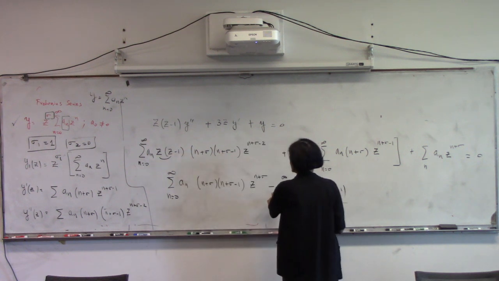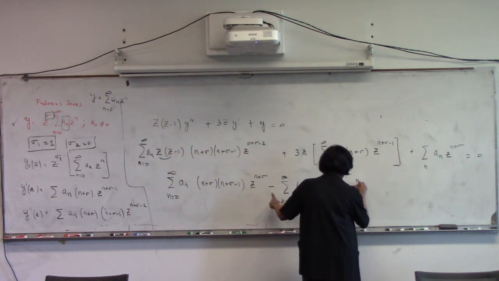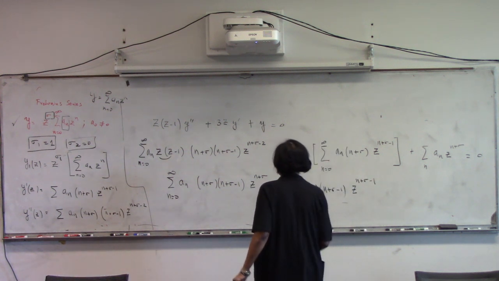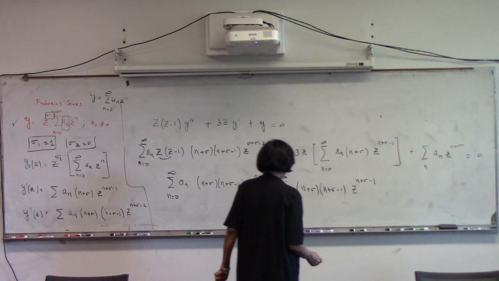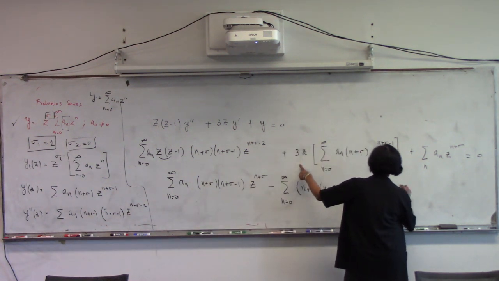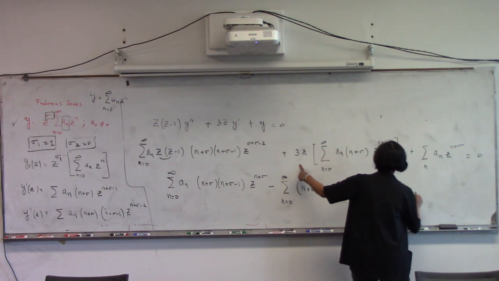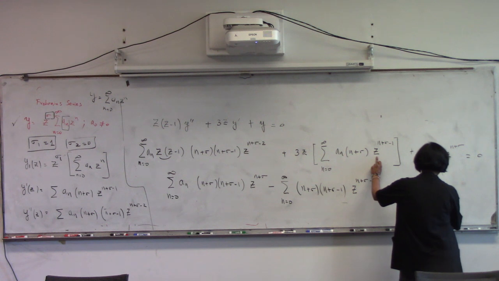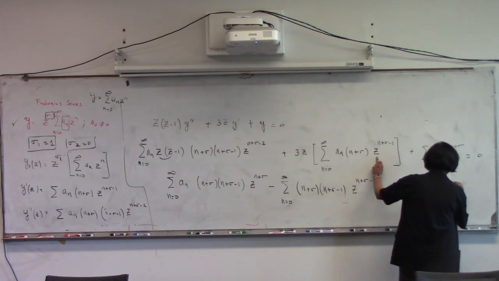I took care of the negative sign here, z to the power n plus sigma minus 1, reduced by 1. And then here I have 3 times a sub n, n plus sigma, z to the power n plus sigma.